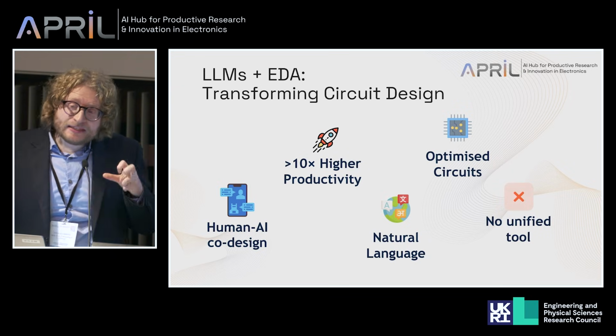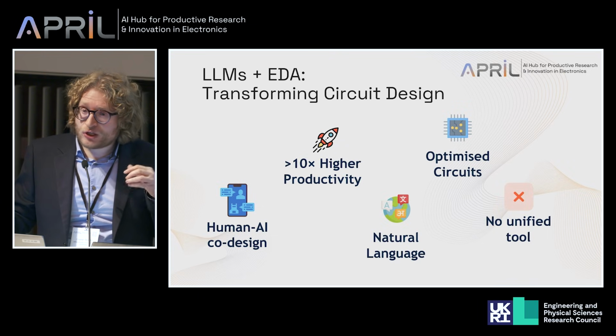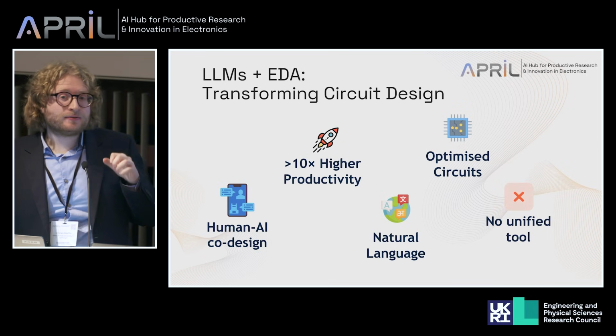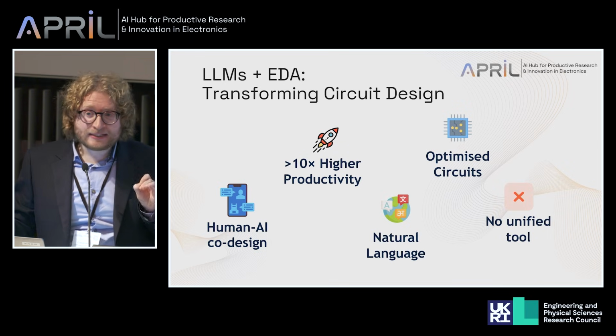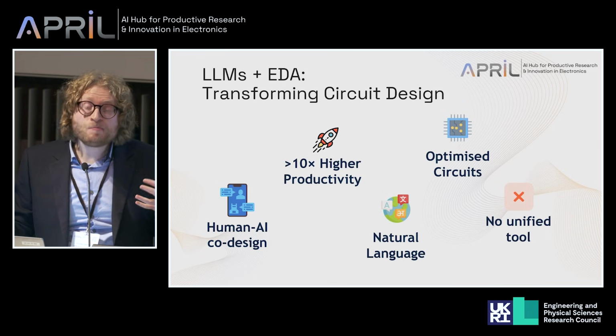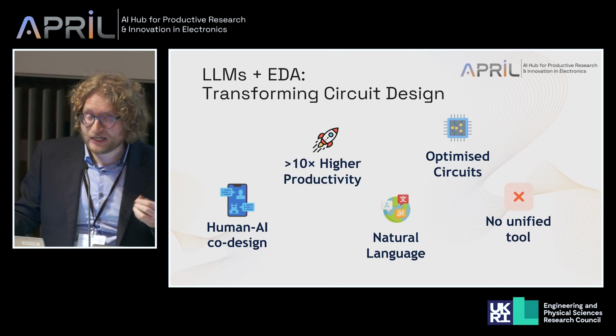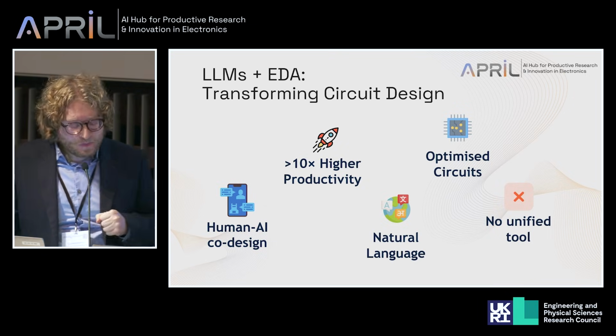In addition, interfacing artificial intelligence with electronic design automation allows us to get faster, more optimized circuits, because AI may also assist in suggesting optimization fixes in order to improve our design.